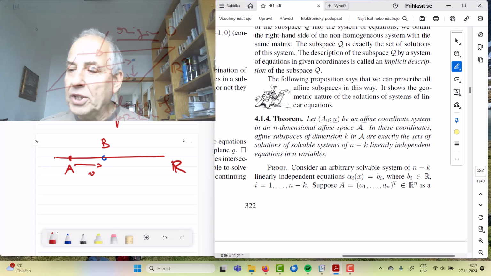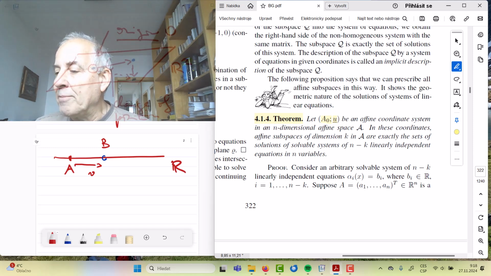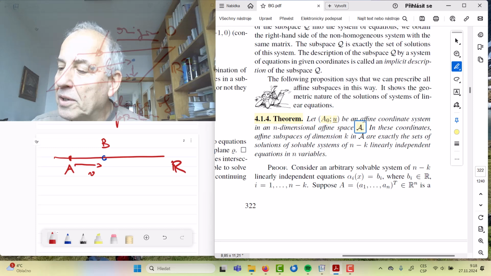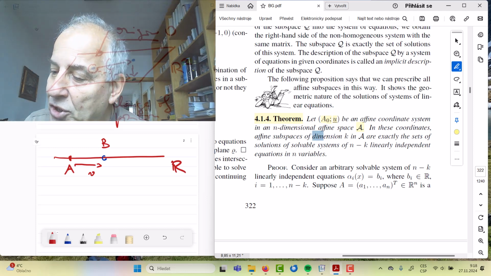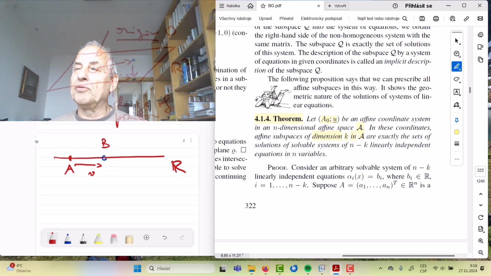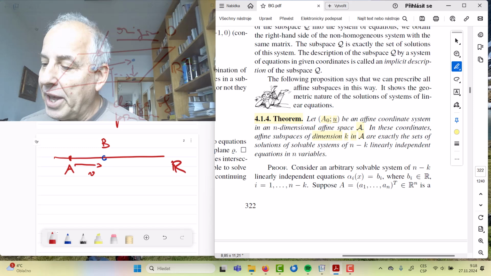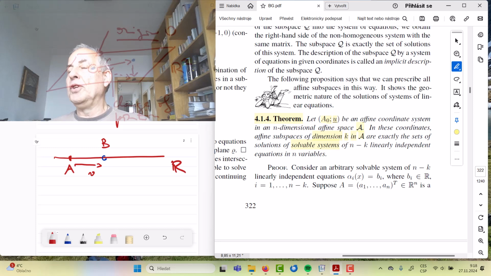So that's very straightforward and easygoing. And here is an example. If you take any affine coordinate system of an n-dimensional affine space A, so it's an abstract space, then the k-dimensional subspaces are exactly the sets of solutions of systems of linear equations, and the linear equations must be solvable, because we don't take an empty space as an affine subspace.